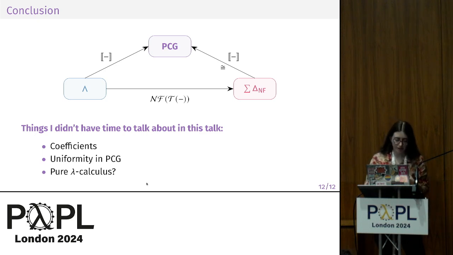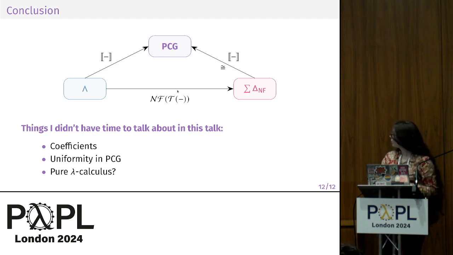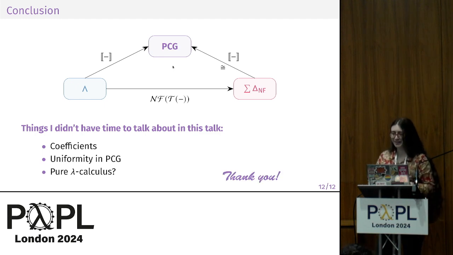And so we have kind of an infinitely eta expanded pure calculus, which should be able to give us the same kind of diagram, but in the untyped setting. I think that's all I wanted to say, so thank you.